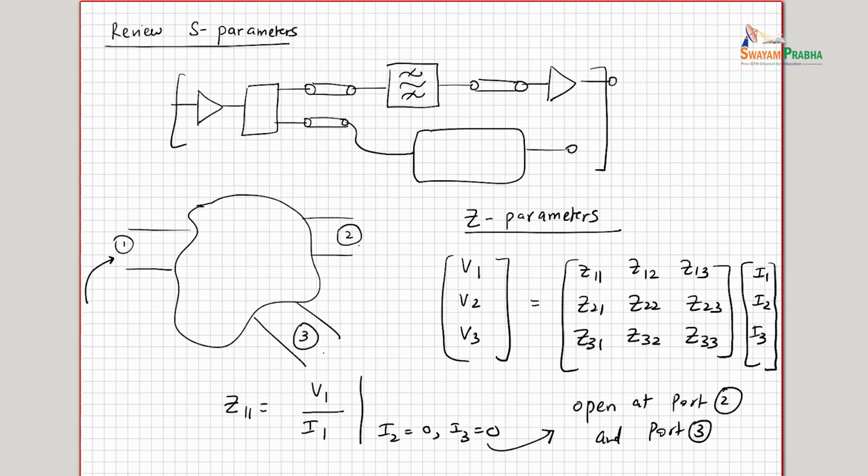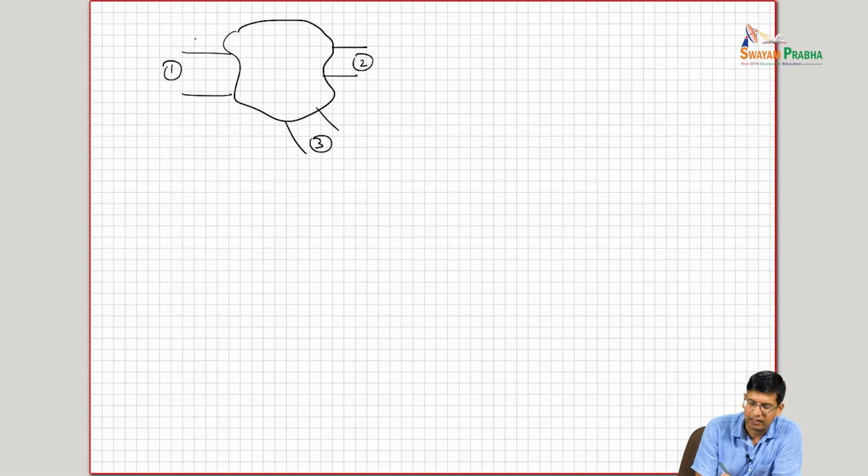And similarly, I may have a situation where, as we discussed yesterday, even on that port, as we are trying to measure, let's say that port 2 is open and port 3 is open, and I'm trying to measure on port 1. Imagine a simple system where all we are trying to measure is a load resistance ZL. Then we typically would know that Z11 would just simply be V1 divided by I1, it would be ZL.